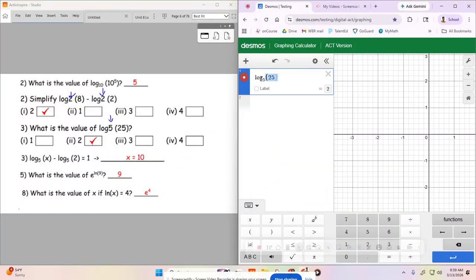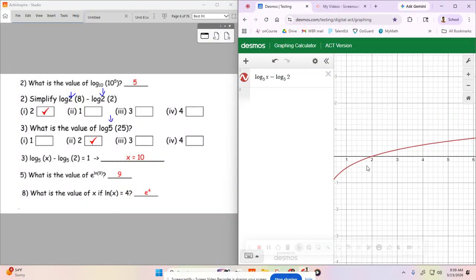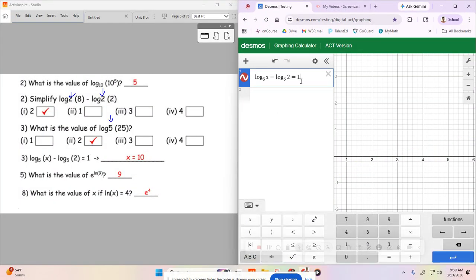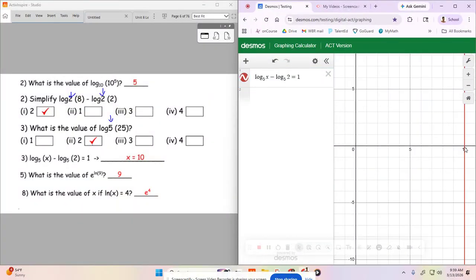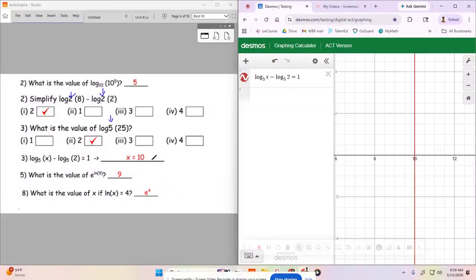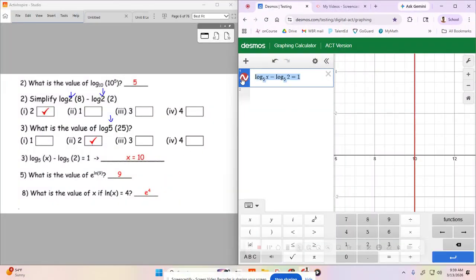Next one, log 5x minus log subscript 5, 2, equals 1. So I'm looking for where that line comes down, and I see it is right on that 10. So 10 is my answer.